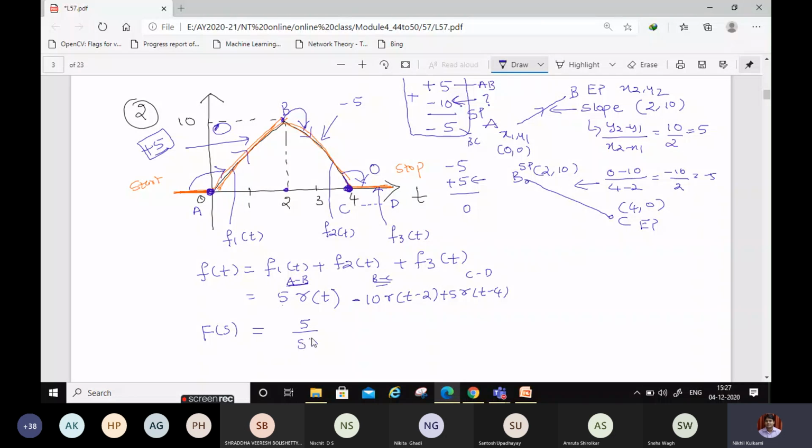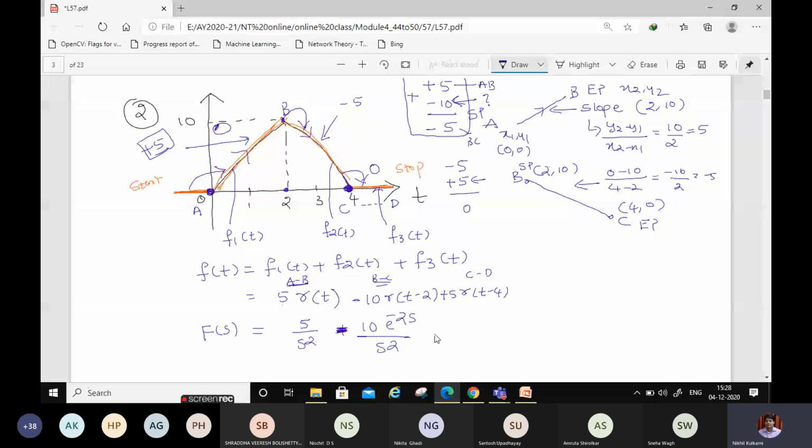5 by s square plus 10 to the power e to the power minus 2s divided by s. This is minus.